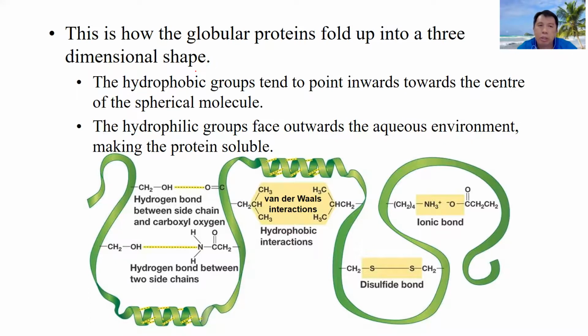The tertiary structure is due to hydrophobic interactions, one of the main factors here. The hydrophobic groups tend to point inwards, away from the aqueous environment, towards the center of the spherical molecule. The hydrophilic groups face outward to the aqueous environment, making the protein soluble.